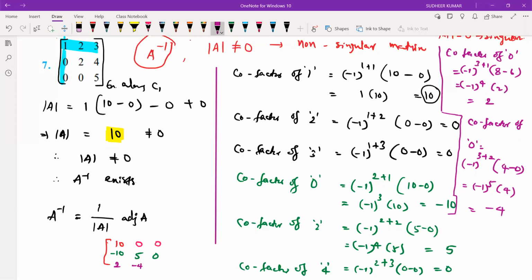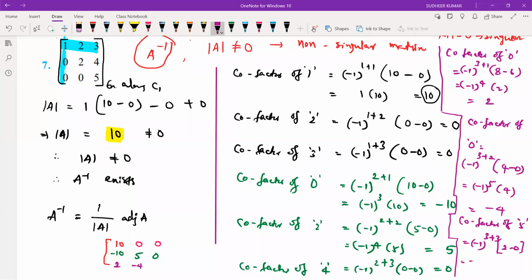Then go to the next one. Cofactor of 5 is (-1) to the power of 3+3 into the remaining value, 2 minus 0.